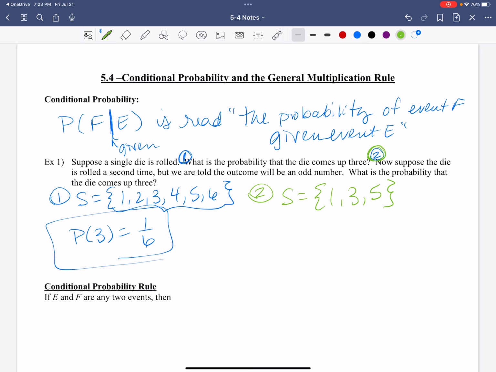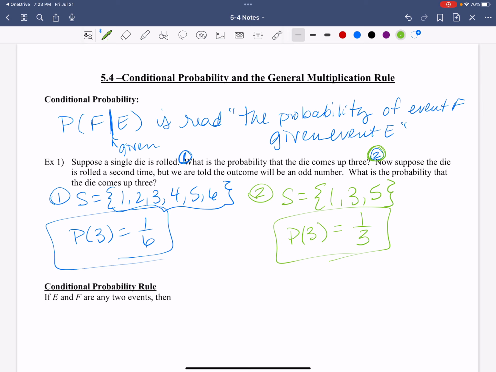Then based on this sample space, what's the probability that I would get a 3? 1 out of 3 this time. Do you see how that plays? So that's what it's looking for. We're saying, what's the probability if we narrow it down?